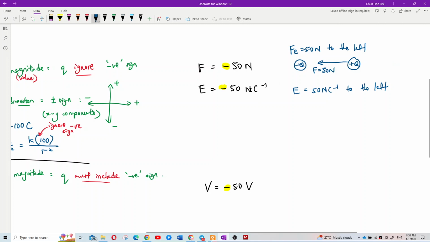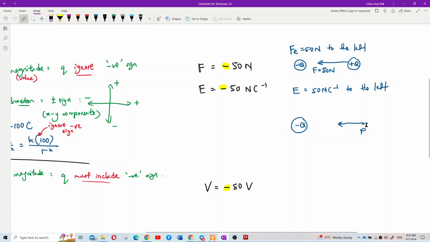That means let's say I have a negative charge over here, and at point P the electric field is towards the negative charge.